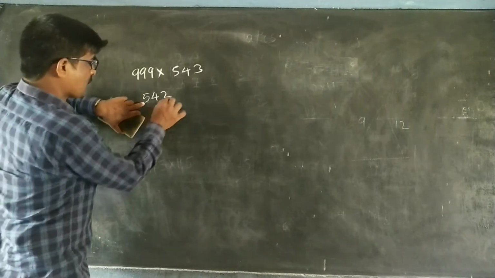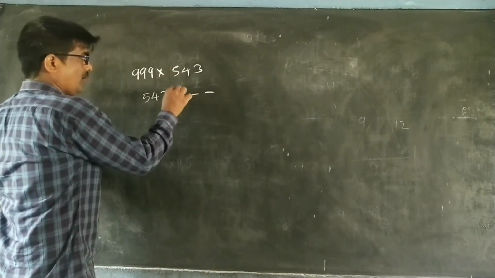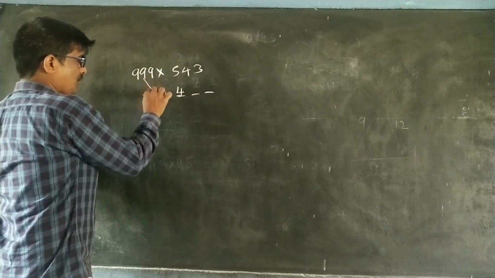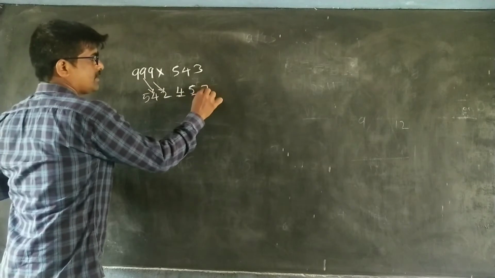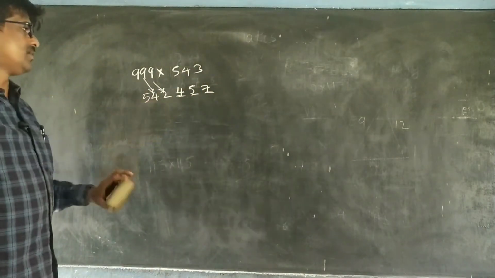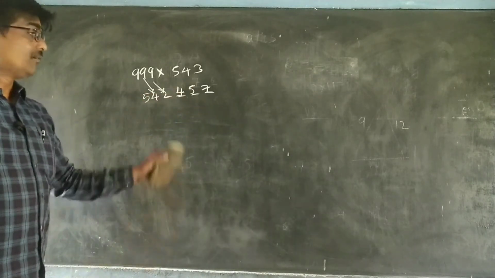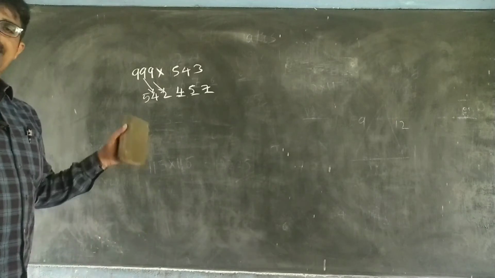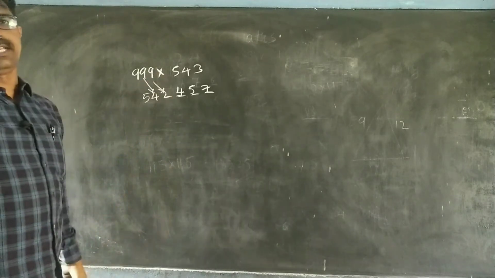Next, 9 minus 5 is 4. 9 minus 4 is 5. 9 minus 2 is 7. That is the answer only. So 5,42,457. It is a very easy method whenever you have 3 nines.